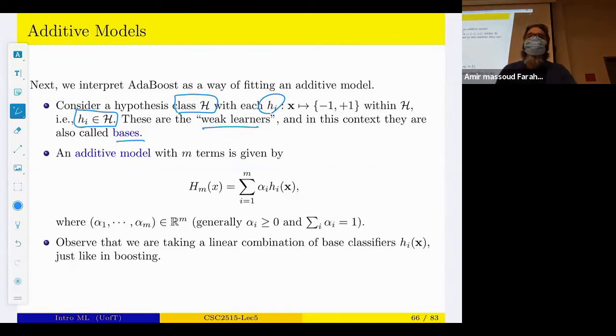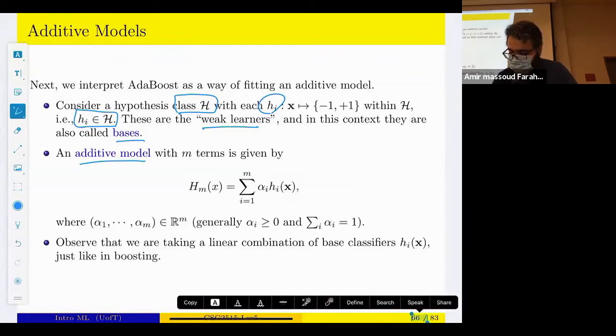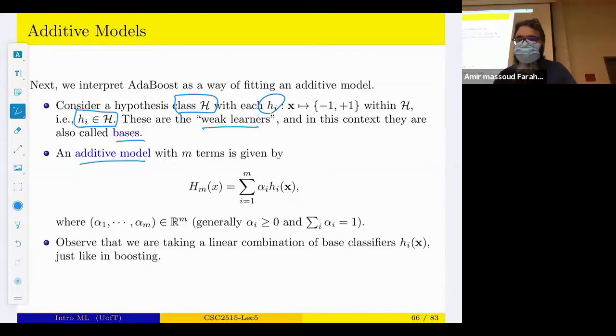So what is an additive model? As the name suggests, it is just a linear, additive combination of M different terms, with each h_i belonging to that calligraphic H. We have i from 1 to M of h_i, each of them multiplied by some alpha_i, which is a real-valued number.